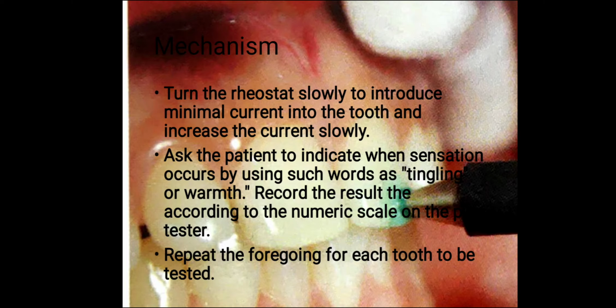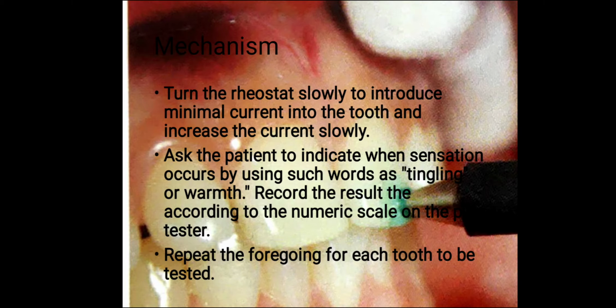Mechanism of working. Turn the rheostat slowly to introduce minimal current into the tooth and then increase the current slowly. Ask the patient to indicate when sensations occur by using words like tingling or warmth.